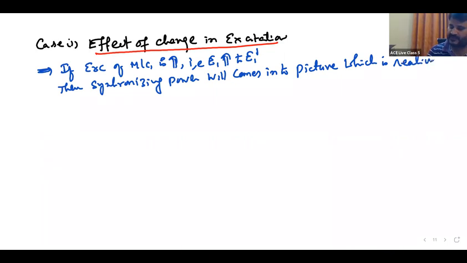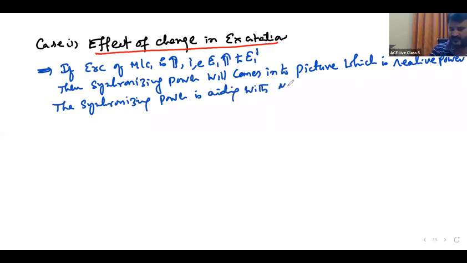The synchronizing power is aiding machine 1 and opposing machine 2. Therefore, reactive power sharing of the first machine is increased.